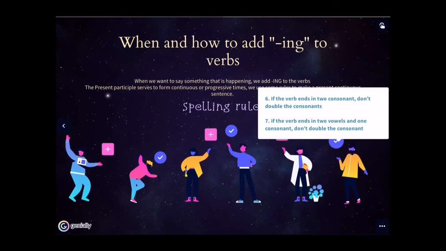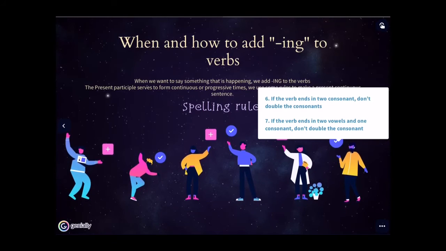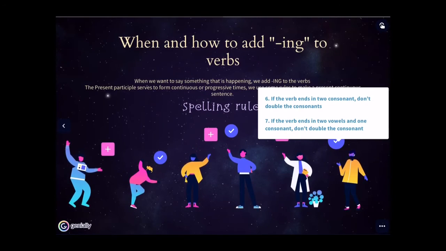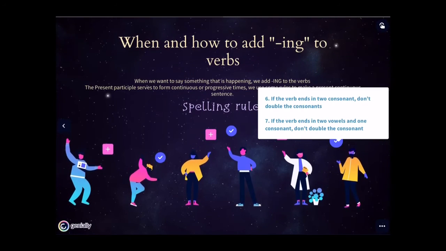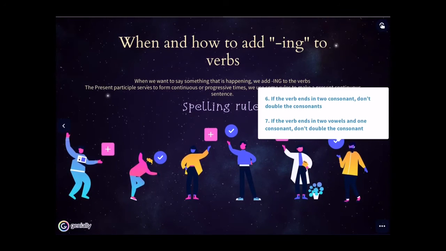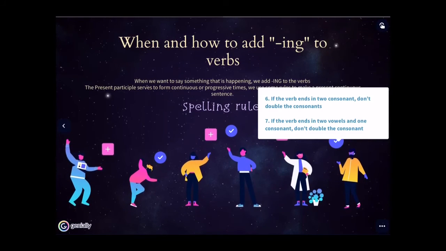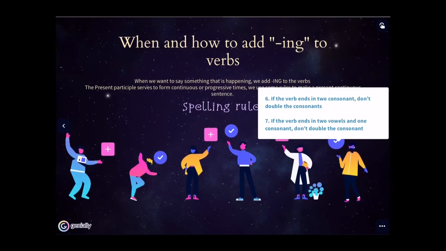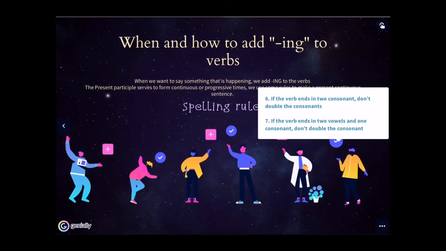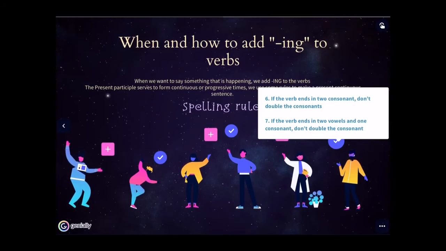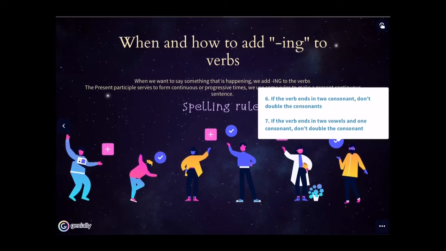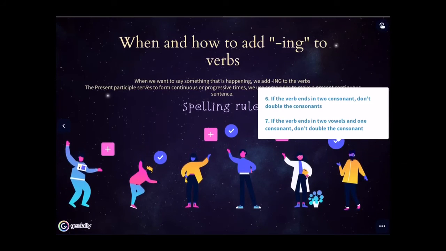And the sixth rule is if the verb ends in two consonants, we don't double the consonants. Examples for this rule are work becomes working and wash to washing. We don't double the K from the verb work or the H from the word wash.